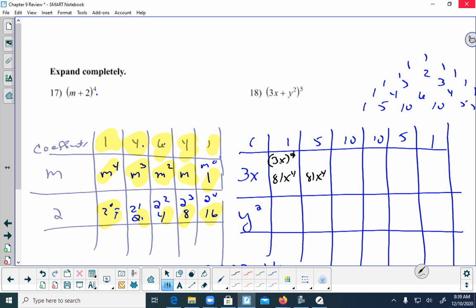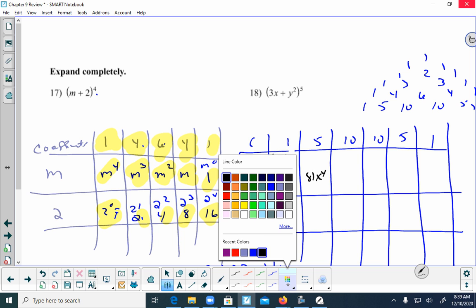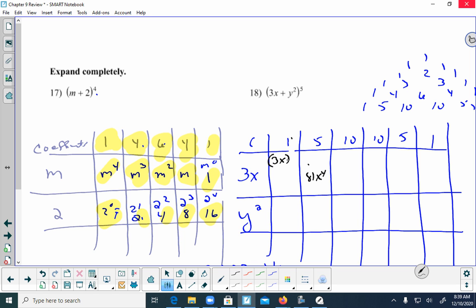I'll put that in there. This is to the 5th, which makes this 243x to the 5th. So this is 3x to the 3rd, which is 27x to the 3rd.